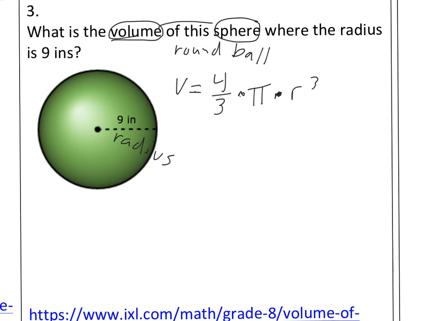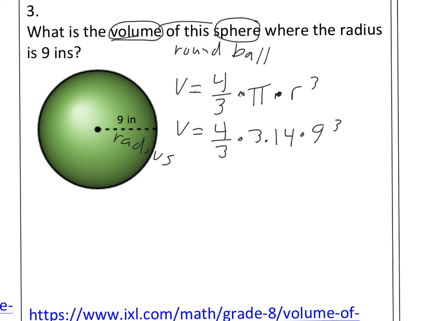Okay, and plug it in. So next step is volume equals 4 over 3 multiply 3.14. Remember, pi is always 3.14. Multiply 9 to the third power.